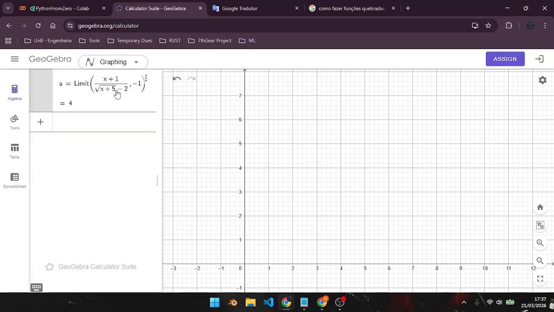In this case, what is the conjugate of this? In a very basic way, if you have a minus here, you need to switch it to plus, and if you have a plus, you do the opposite. So I'm going to multiply this by the square root of x plus 5 plus 2, and the same thing on the other side.